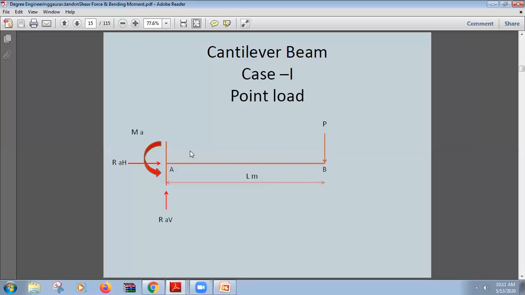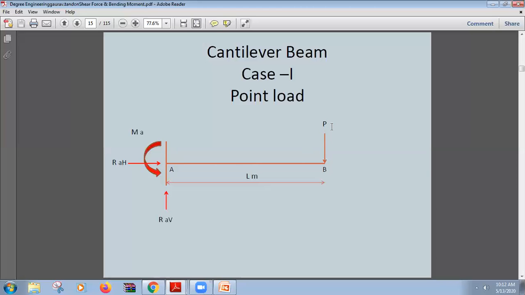So this is the force, and the moment will be acting like this. The moment is acting like this because the beam is trying to bend in this direction only. So as we know, moment is force multiplied by perpendicular distance.